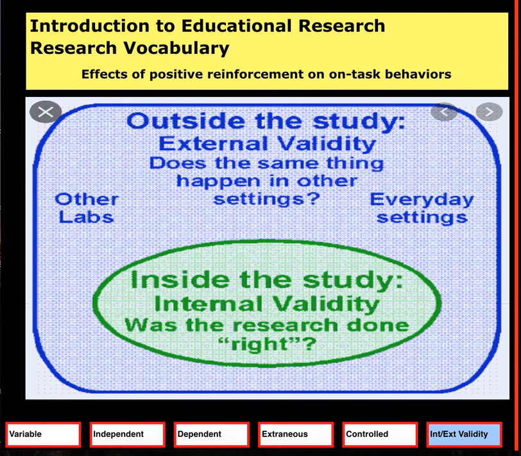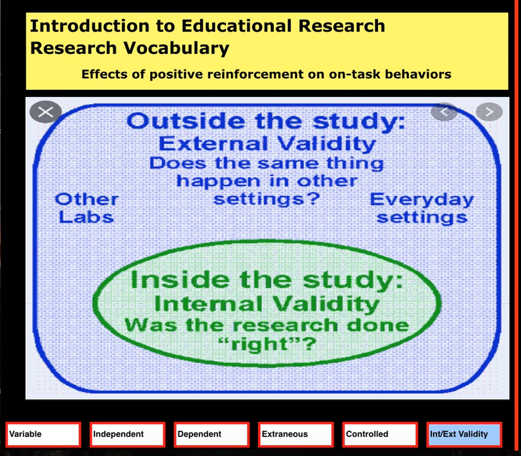So, internal validity has to do with controlling for extraneous and confounding variables that will offer alternative explanations to a study. If a study has very good internal validity, we can infer with a high degree of probability that it is the independent variable that has caused the change in the behavior of the dependent variable.